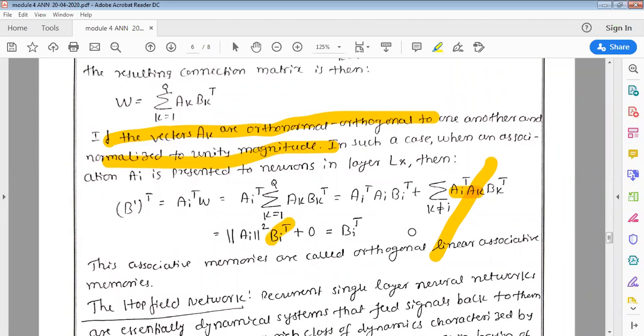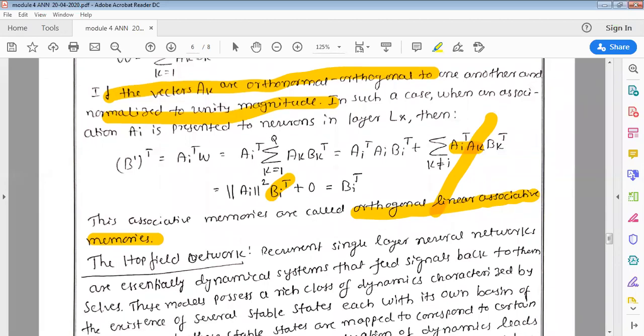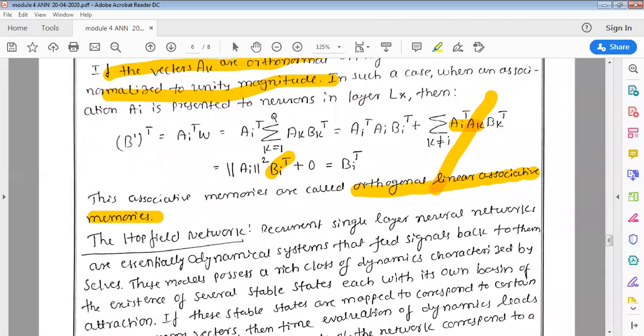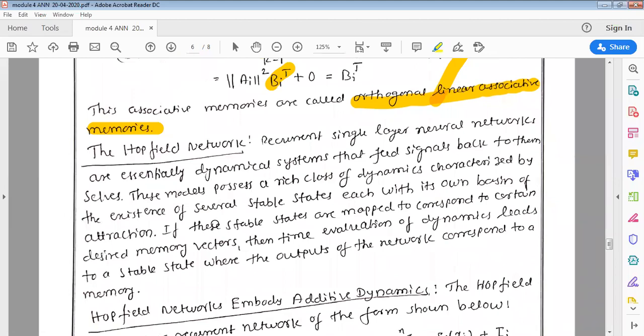So these associative memories are called orthogonal linear associative memories. We choose the memories or input vectors such that they are orthonormal and also orthogonal, so that the final result will become only linear. Once you understand the principle of orthogonal vectors, now we'll get into the Hopfield network.